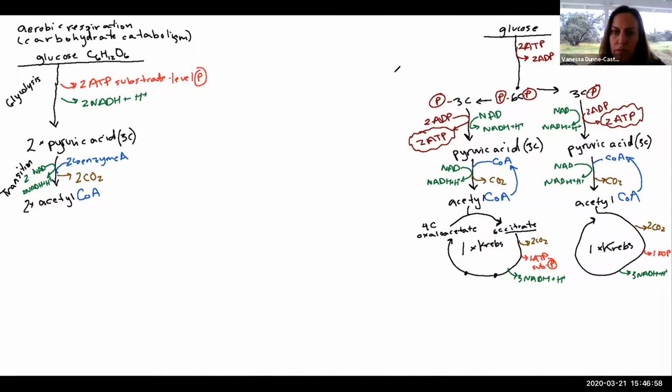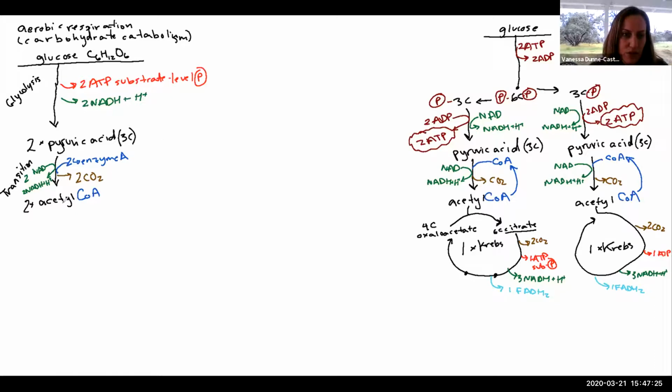We also have FADH2 generated in this process, 1 for each of these turns. 1 FADH2 generated here. And that's it. There's lots of metabolic intermediates, but we're not going to write all of those in.